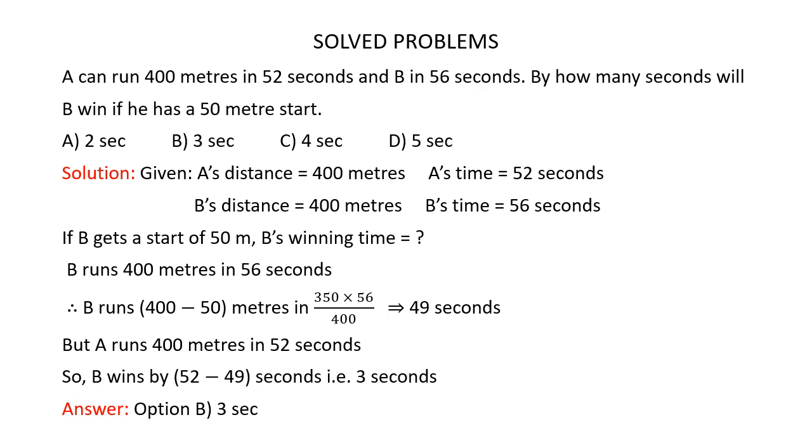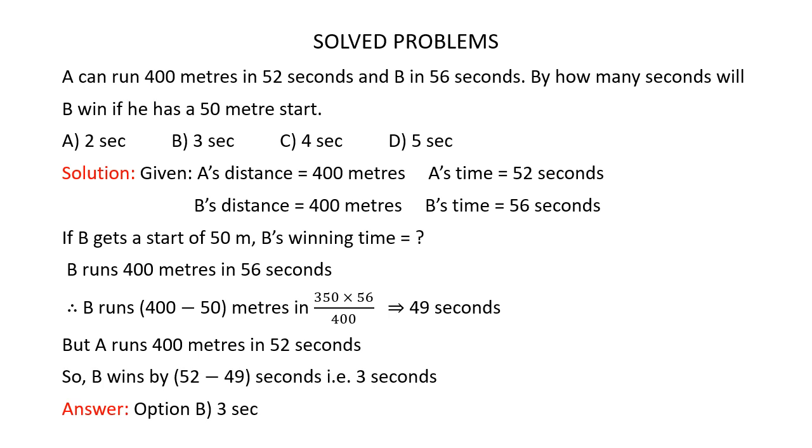Now we know that B's distance is 400 meters. Now if B gets a start of 50 meters, then B will have to run only 350 meters. That is 400 minus 50, which is 350 meters. So B's distance will be 350 meters.